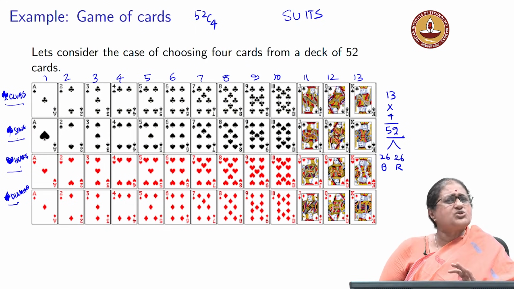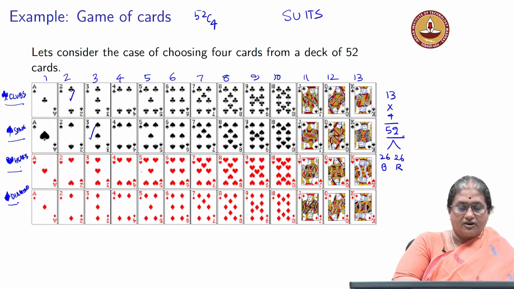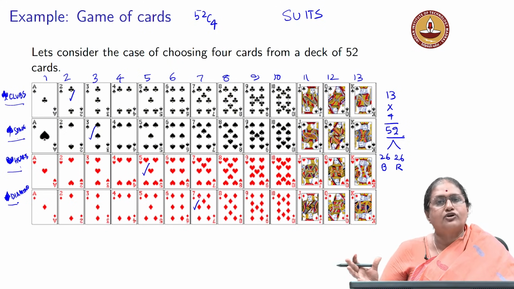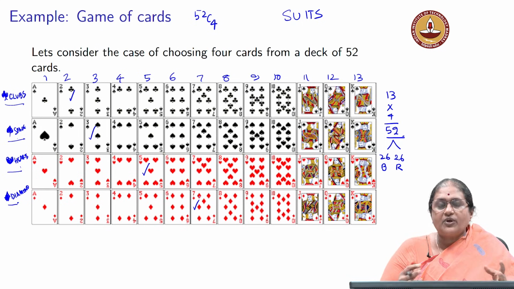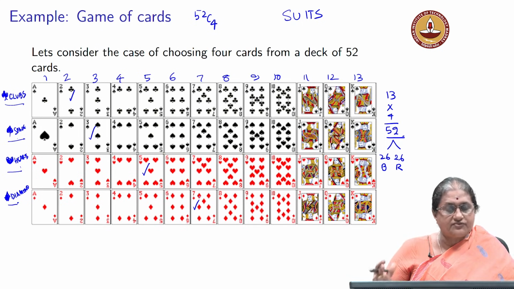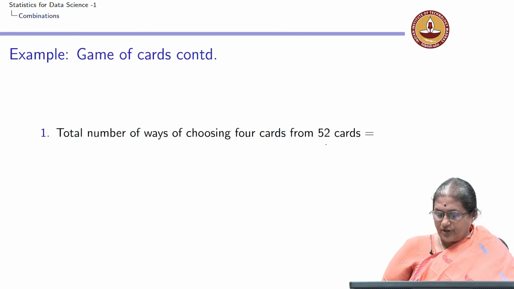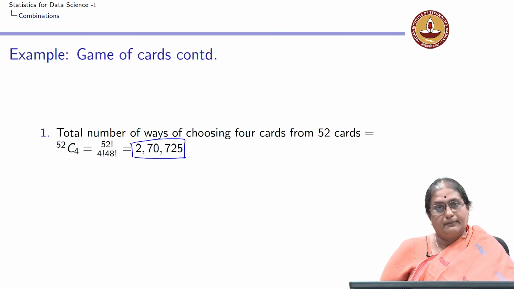I am just saying choose any 4 cards, and those could be a 2 of clubs, a 3 of spades, a 5 of hearts or a 7 of diamonds. The number of ways is 52 choose 4, which is a pretty large number.